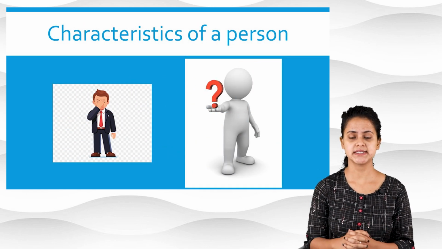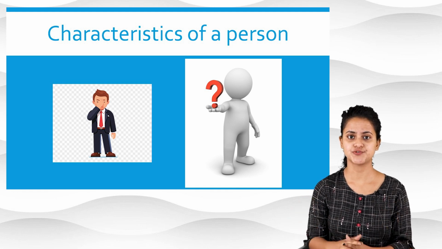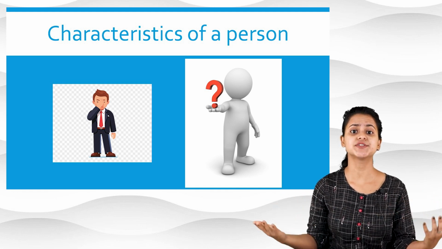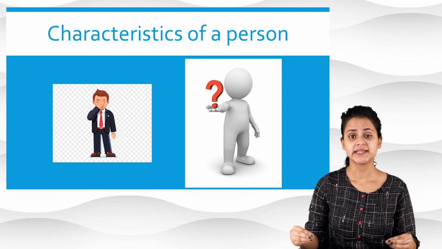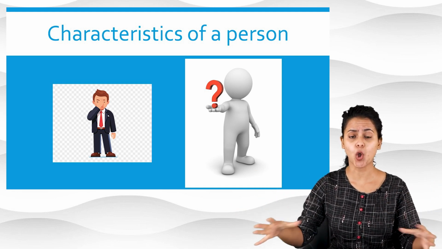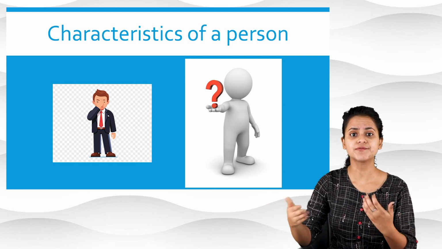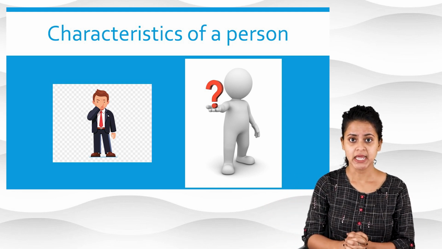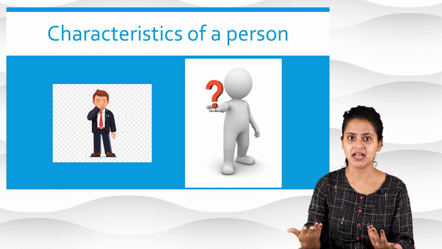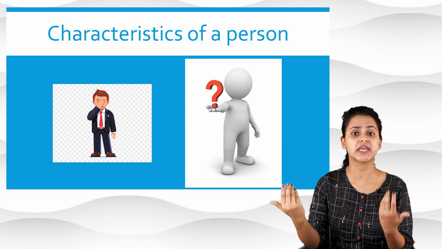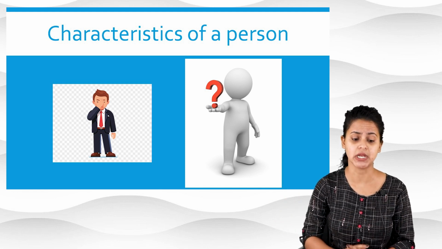The next is the characteristics of an individual. It varies from person to person, because we all know that all of us are different from each other, right? The characteristics of the individual help decide the illness behavior of that particular individual.